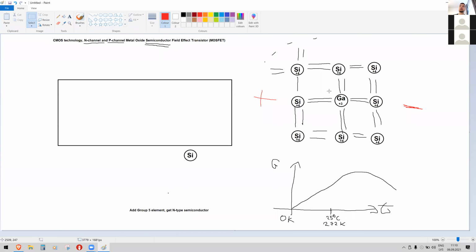And what happens is the electron jumps from one bond to the next one. So this thing moved, and the next electron jumps from a previous location to the next, like this.